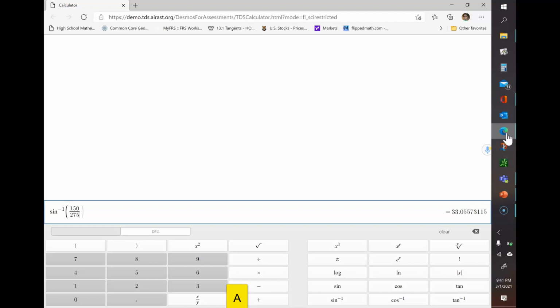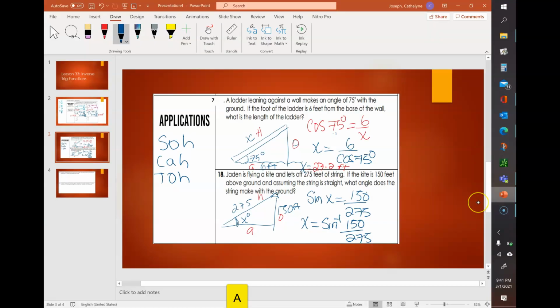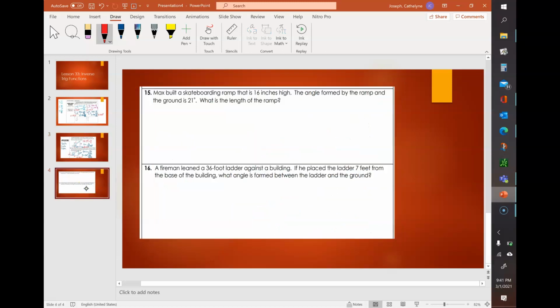And we get 33.1. All right, so our angle here is going to be 33.1 degrees. So that's the angle that the kite makes with the ground. All right, so go ahead and try these two on your own and then pause the video and then come back to see the answer.